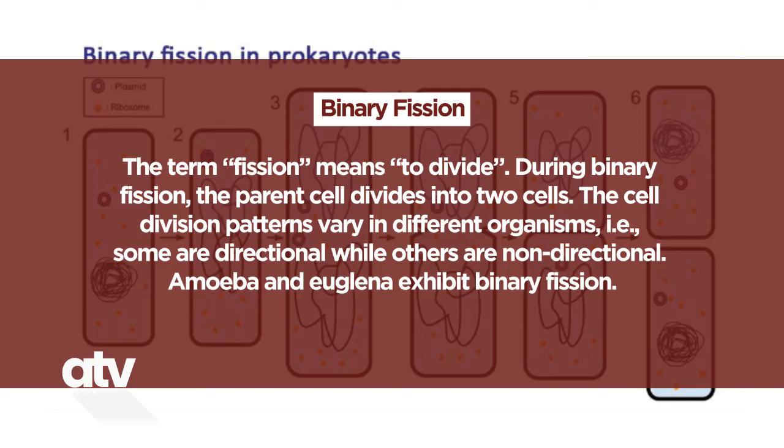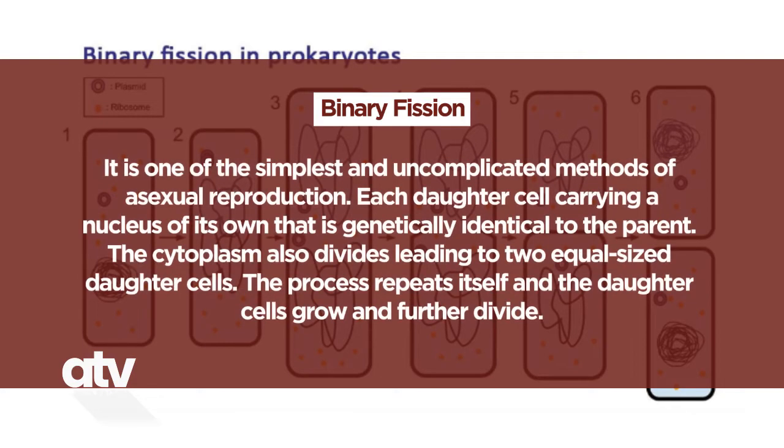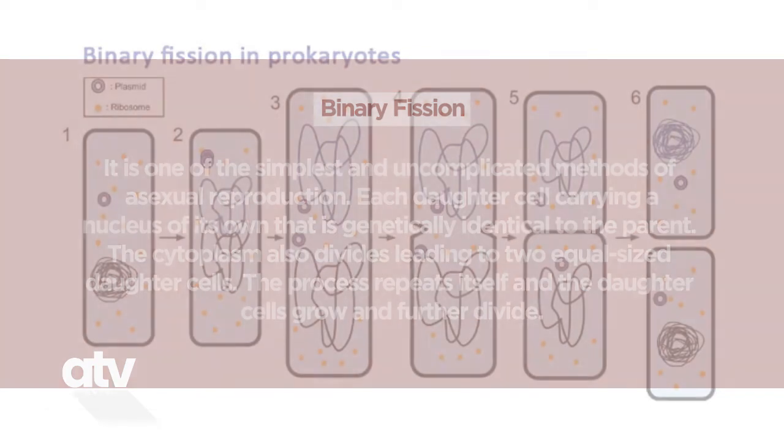Amoeba and Euglena exhibit binary fission. It is one of the simplest and uncomplicated methods of asexual reproduction. Each daughter cell carries a nucleus of its own that is genetically identical to the parent. The cytoplasm also divides, leading to two equal-sized daughter cells. The process repeats itself and the daughter cells grow and further divide.